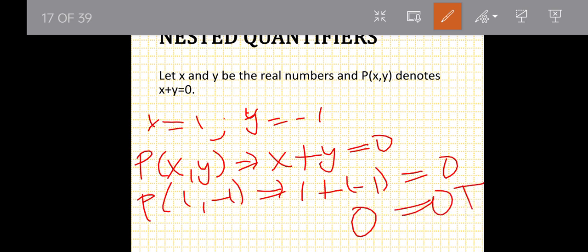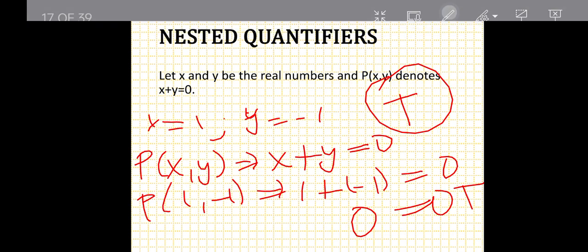And this is true. So, therefore, yung statement natin na there exists x, there exists y, p of x, y is also true. Okay? I hope that's clear. So, that's for the nested quantification kapag dalawang existential quantification sa ating given na expression.